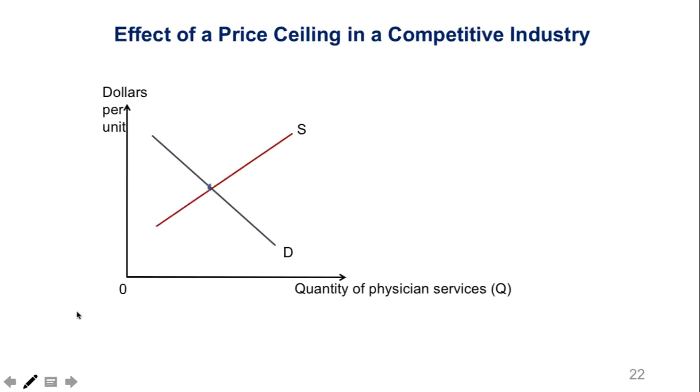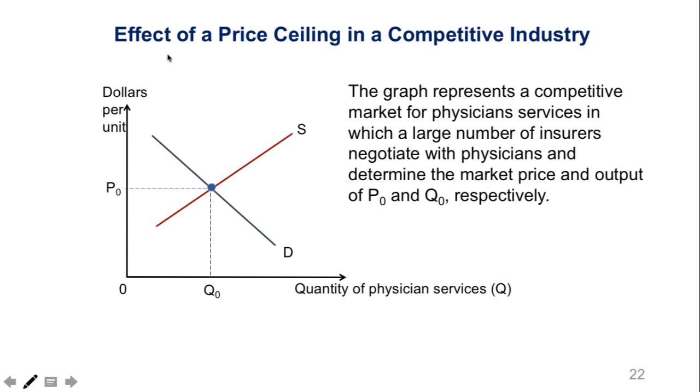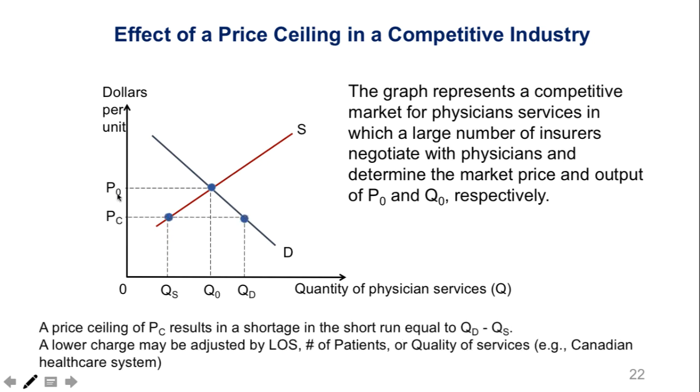So graphically, when we talk about the effect of price ceilings in a competitive industry, without government intervention, the price and quantity would be at this point P0 and Q0, right? The intersection of the demand and supply without government intervention would be P0 and Q0.